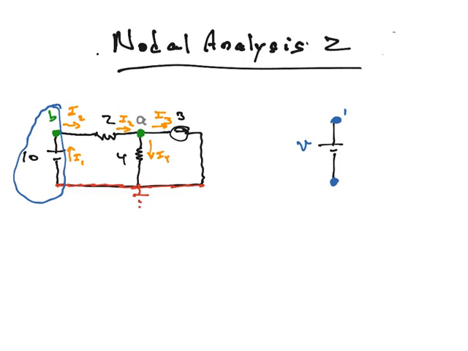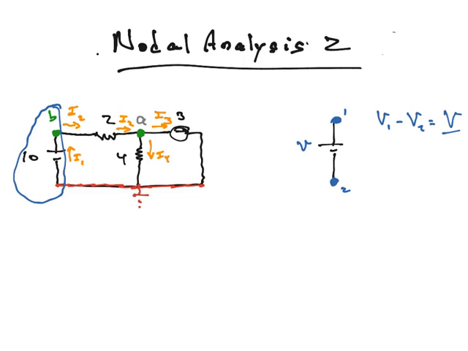So if I call this point 1 and this point 2, then the voltage at 1 minus the voltage at 2 is equal to whatever the voltage source says it is. That's literally what a voltage source is. You can think of it like a meter with a little window: it's measuring the voltage on one side and the voltage on the other, taking the difference, and telling you the number that's the difference between those two spots.